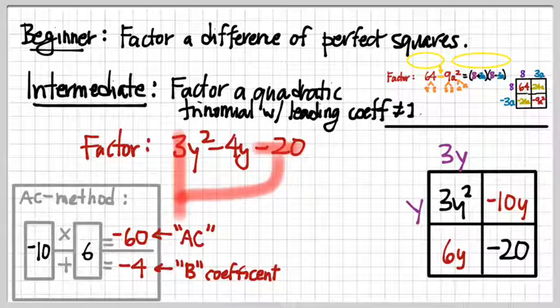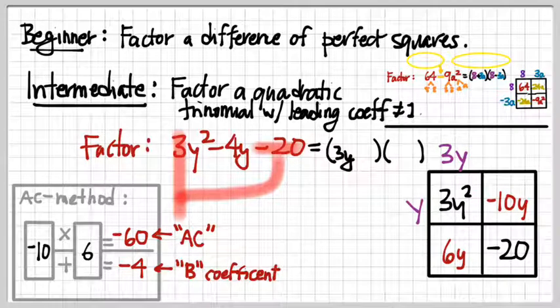Because our goal now is we just have to figure out how to fill in this entry and that entry in my factorization grid. 3y plus what and y plus what. In other words, at this point, we've partially figured out a factorization in that we know it's going to be 3y and y. And whatever we pair the 3y and the y with have to multiply together to give me these two middle terms. The good part is we have these two entries on the outside already.